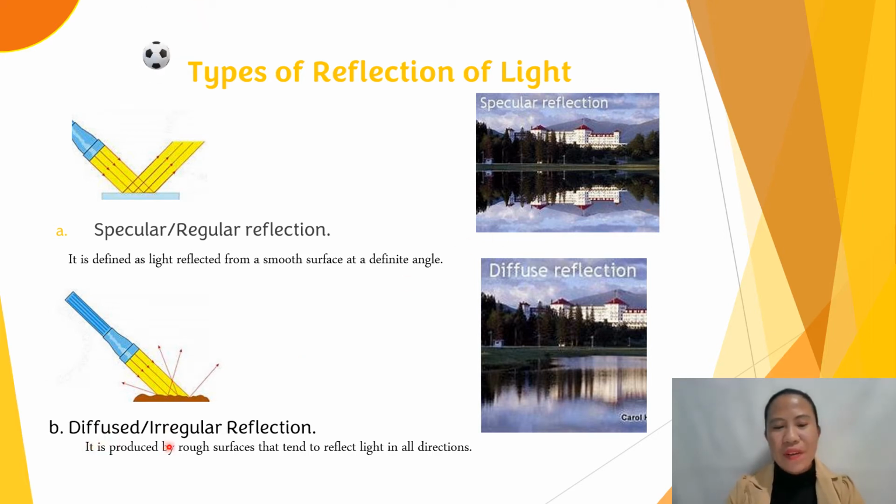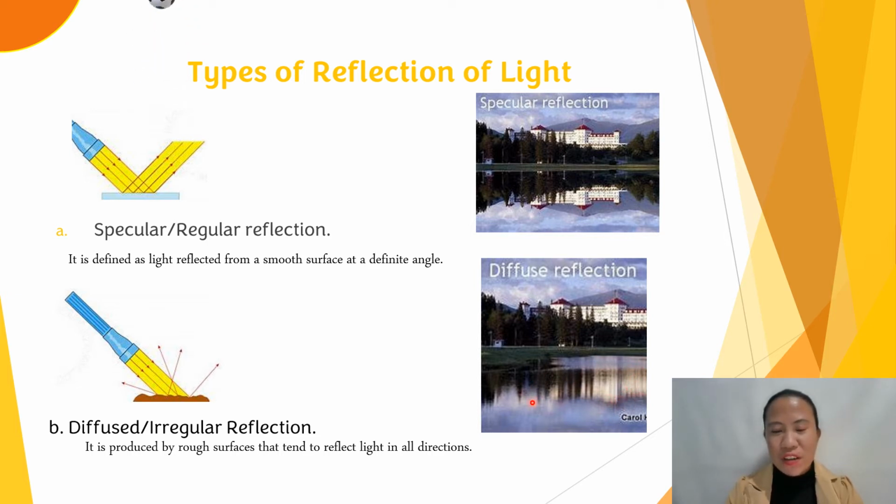While in diffuse or irregular reflection, the light scatters as it hits the reflective surface. So here, you have a disturbed body of water, which tends to form a distorted image of the object.